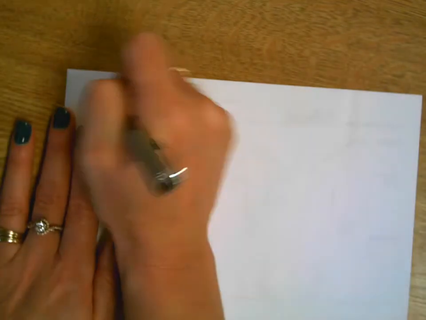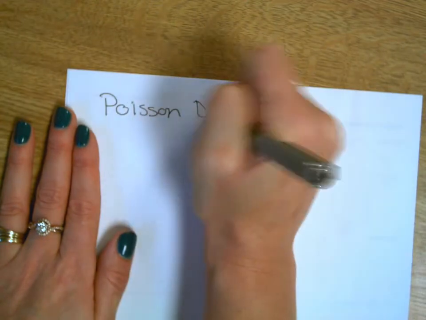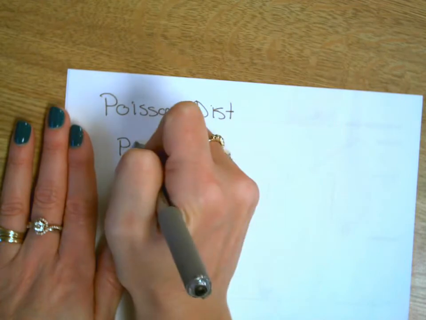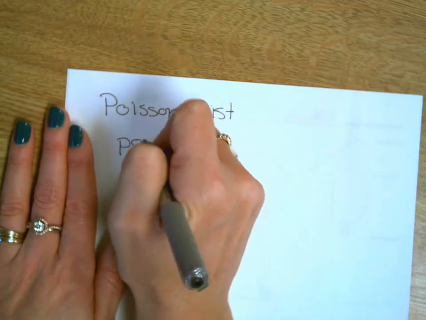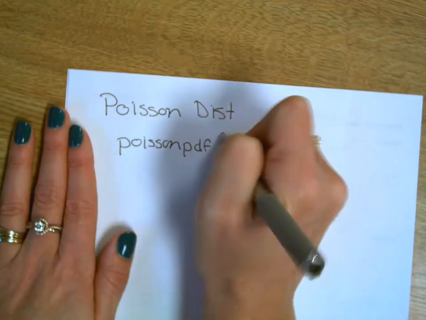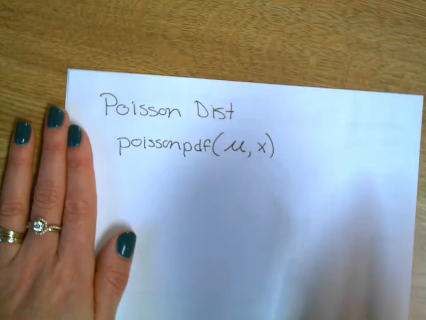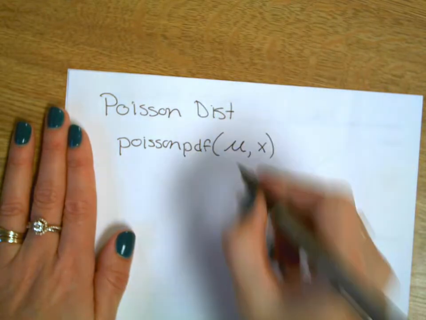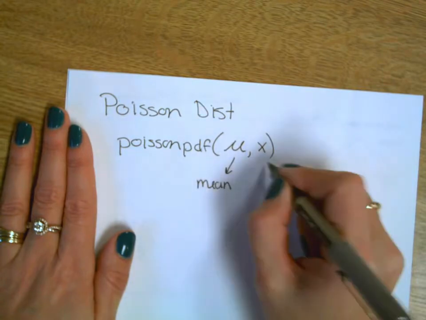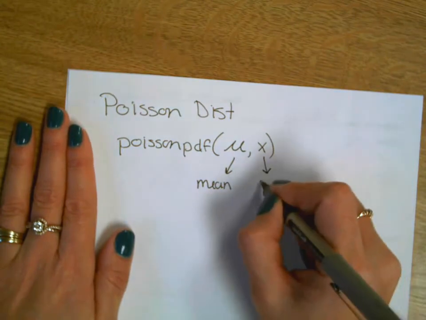So now the Poisson distribution. So Poisson PDF. Feed it mu and x, where mu is the given mean, and x is the number of occurrences.